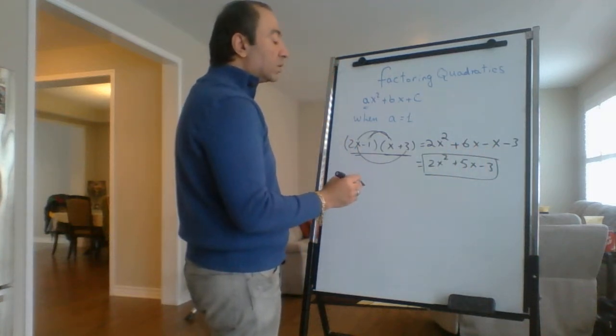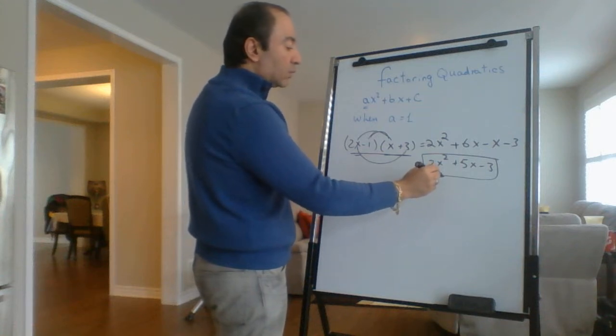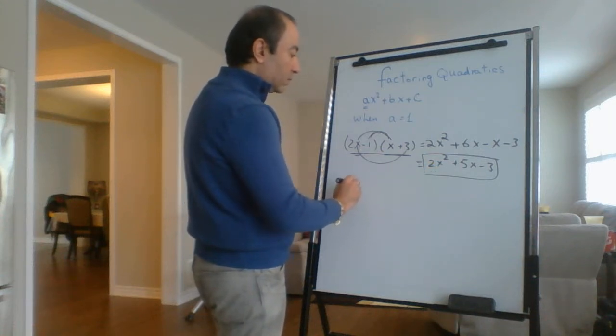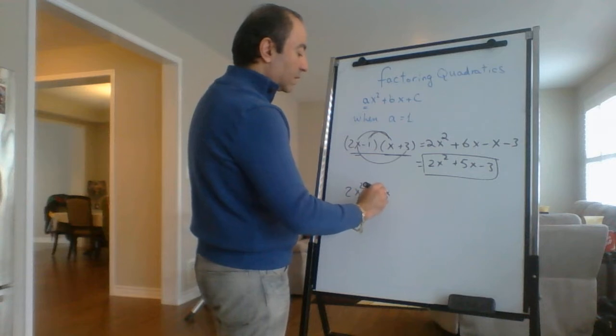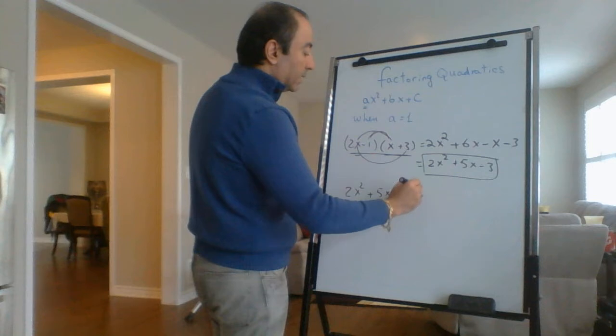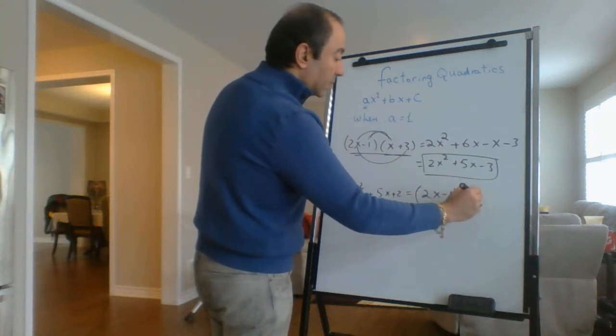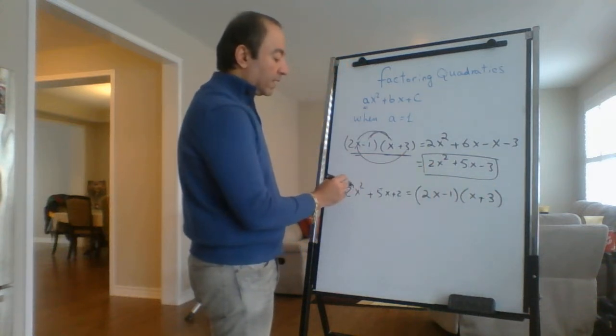Today we are going to learn how to do the opposite. We are going to learn how to switch a quadratic in standard form to the factored form of this quadratic. But we are going to learn how to do that when a is 1.